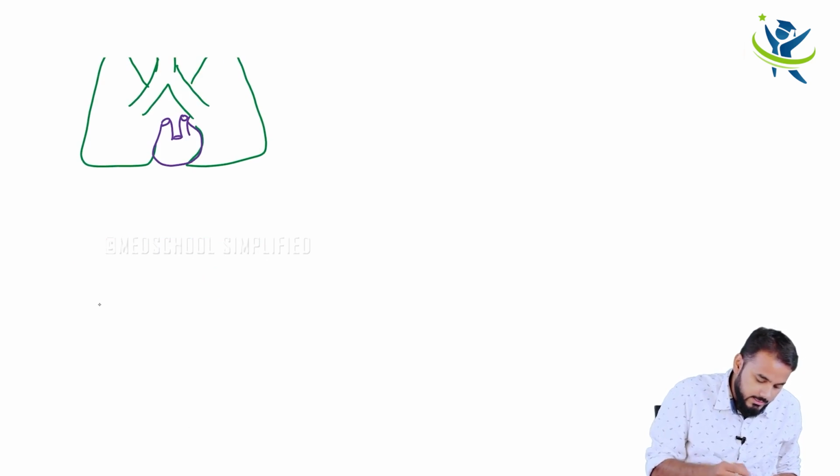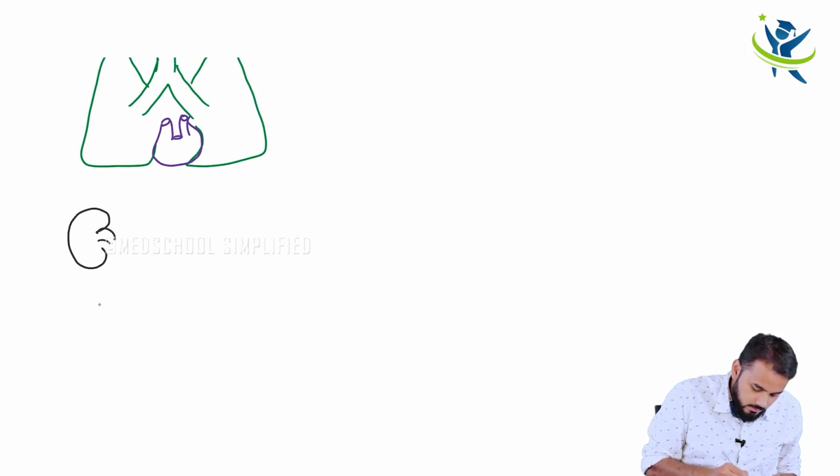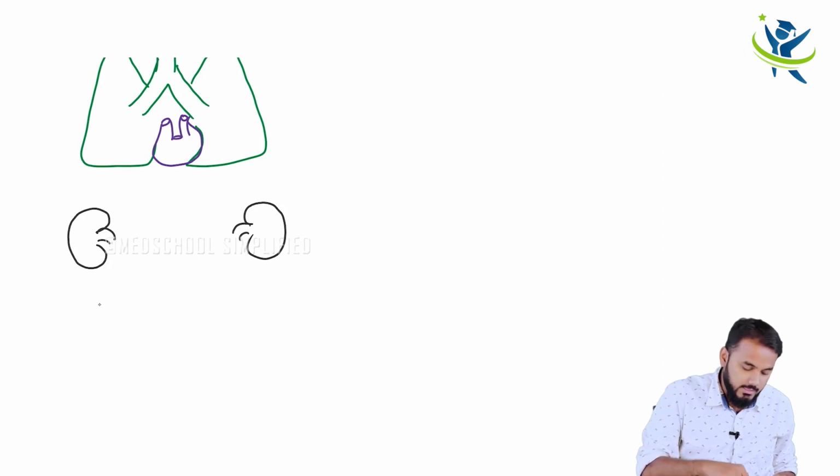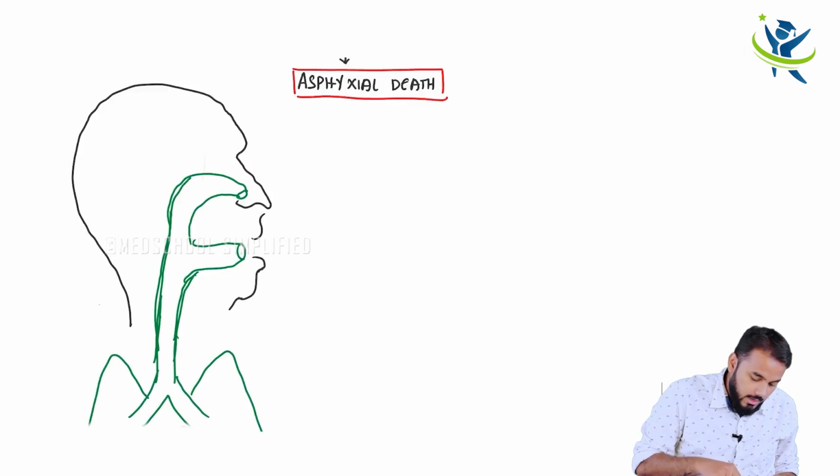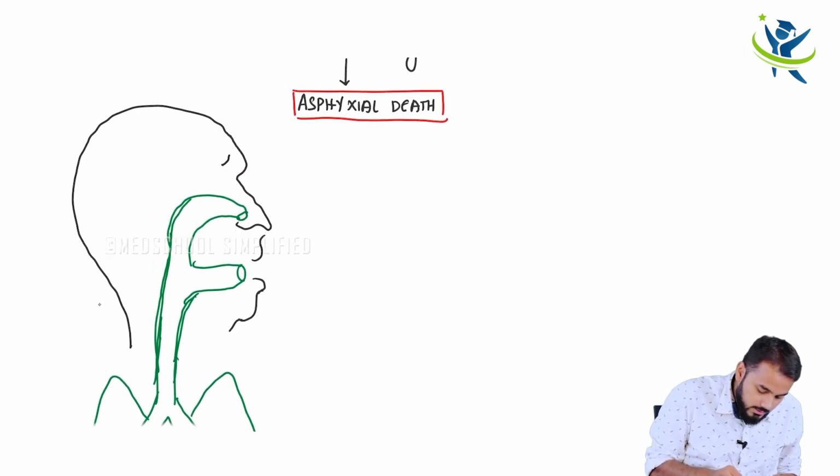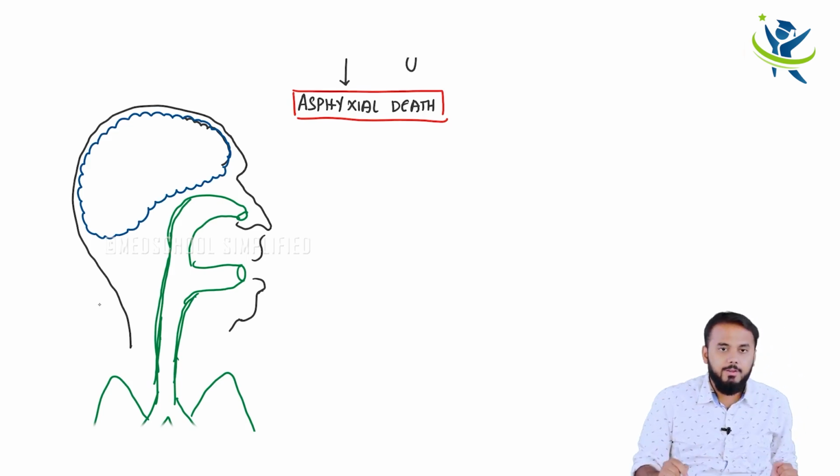And down here let us say these are your kidneys. Up above, this is your central nervous system, this is your brain.